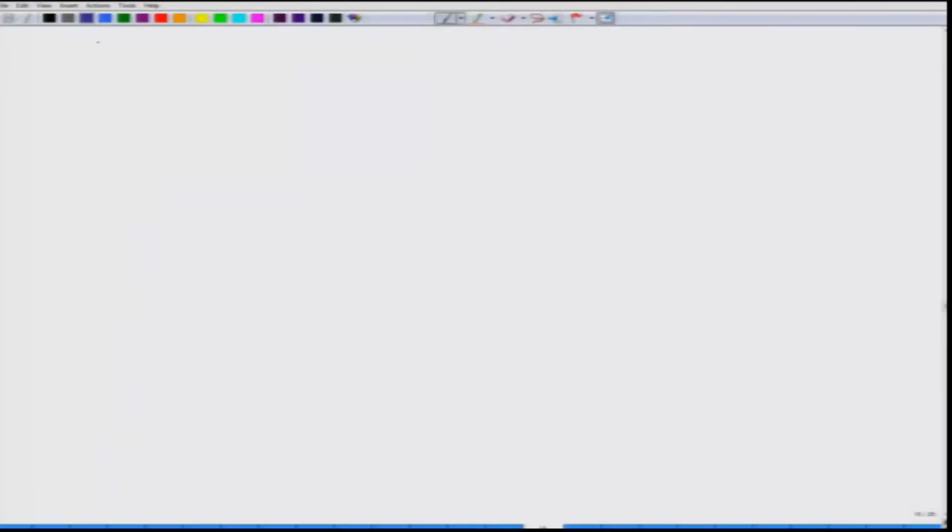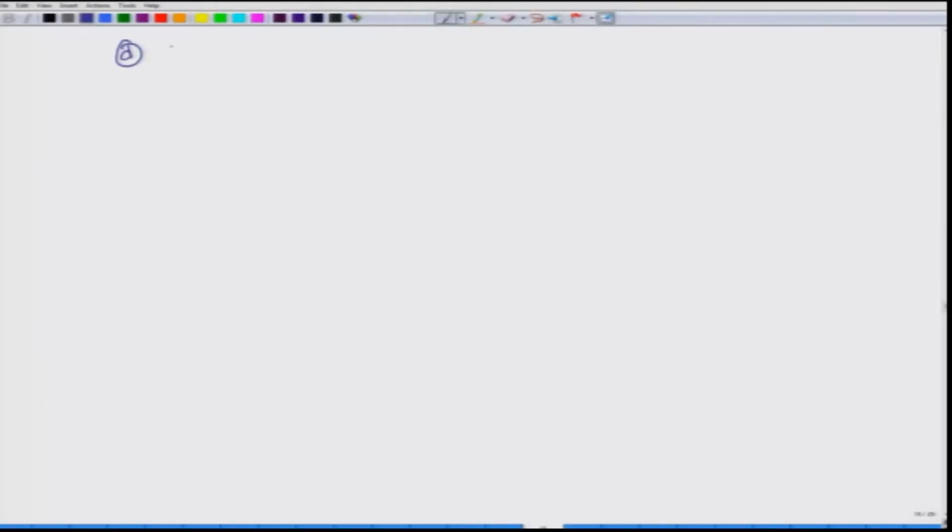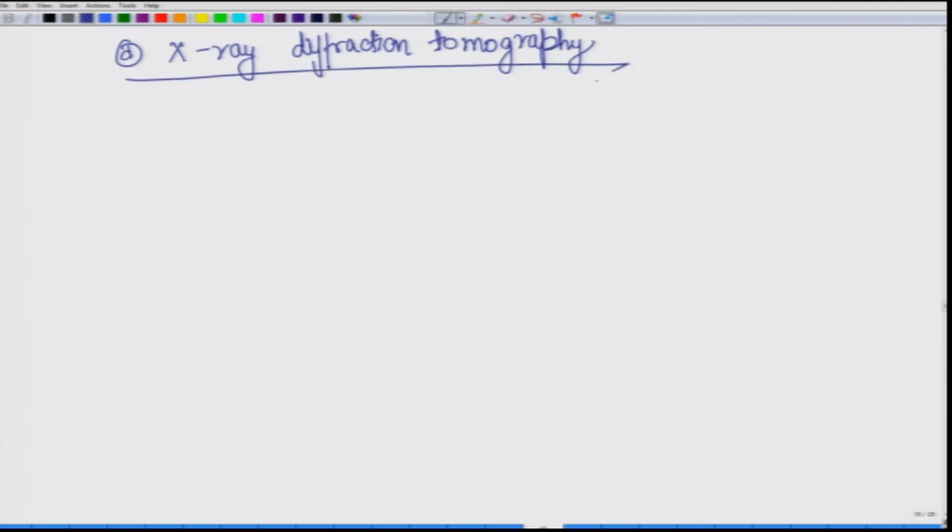Another method which is known to be used for direct observation is X-ray diffraction tomography. This is a tomography, meaning you are taking X-ray diffraction in cross sections.